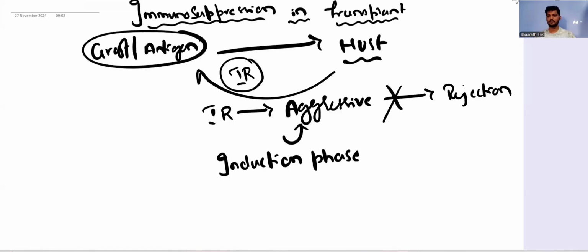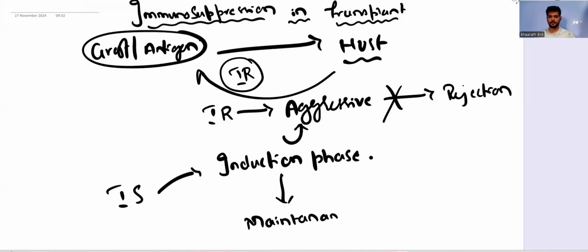Later, when this aggression of the immune system against the graft reduces, we taper down these drugs and start the maintenance phase. So immunosuppression happens in two phases, a more aggressive induction phase and a tapered maintenance phase.